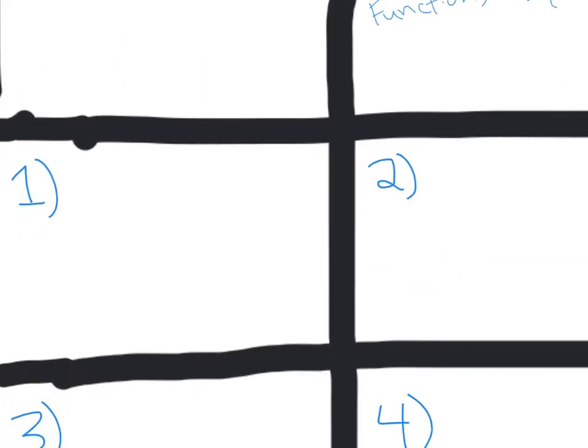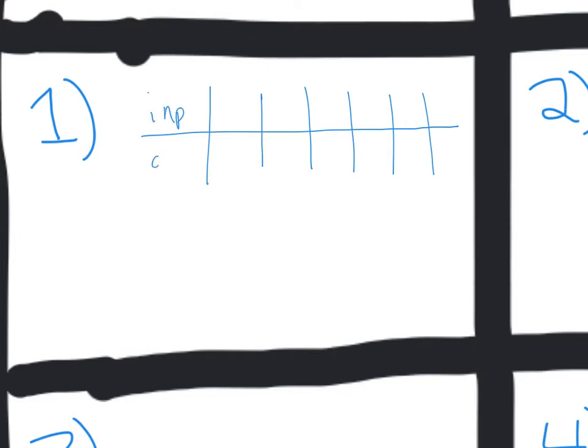Alright, let's look at some examples from homework. Problem number 1 says write an equation to represent this function table. So let me draw the table really quick. Input there, output there.